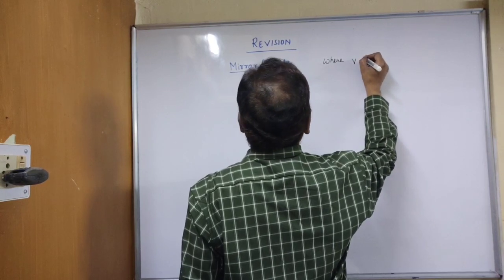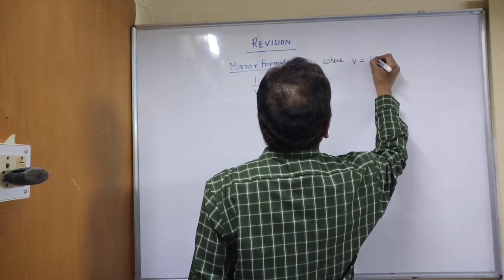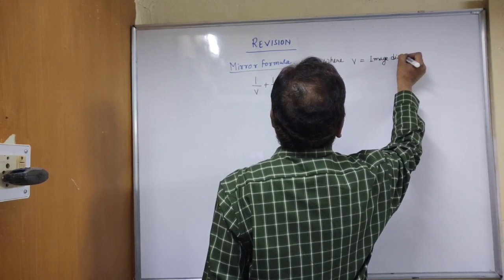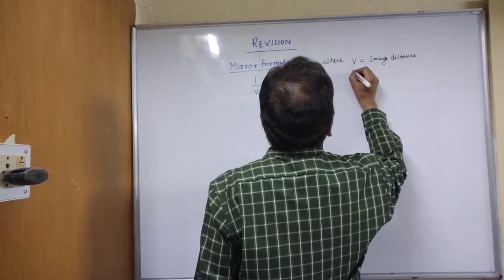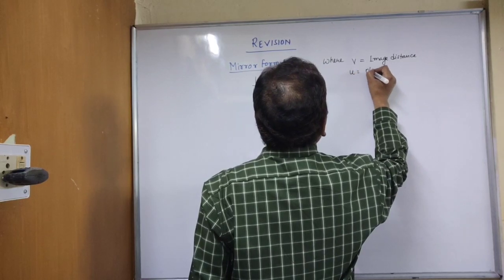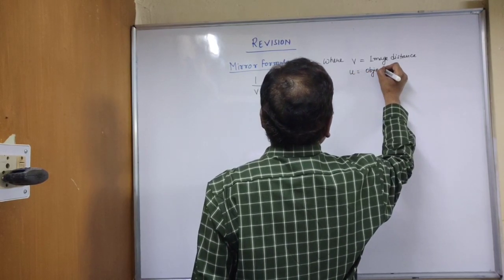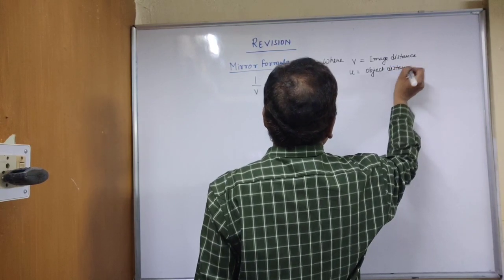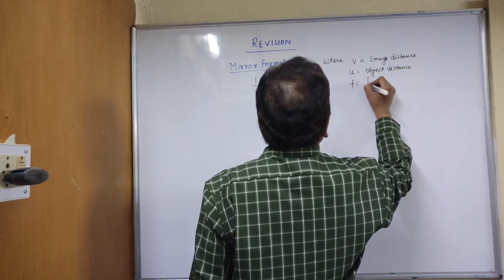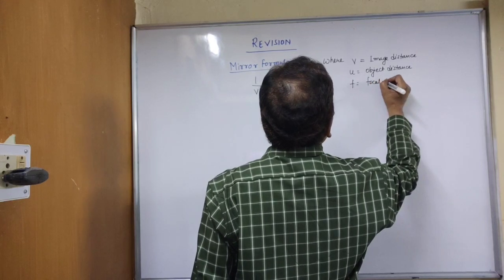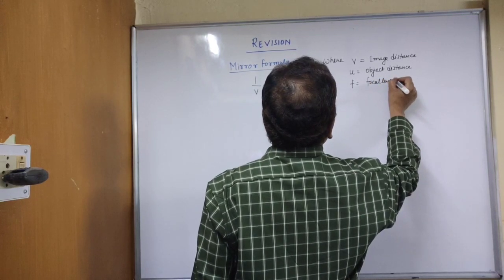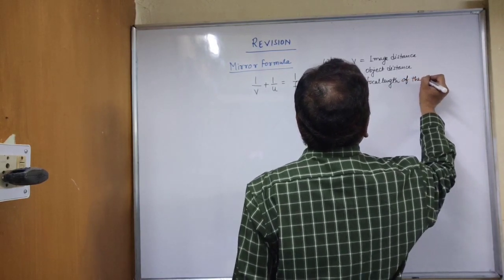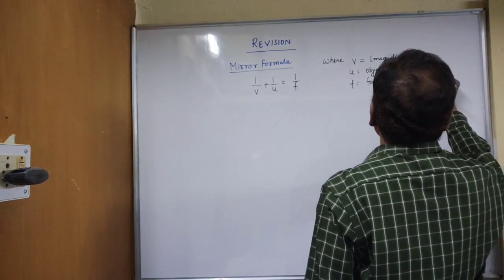As you know, v is the image distance, u represents the object distance, and f is the focal length of the spherical mirror.